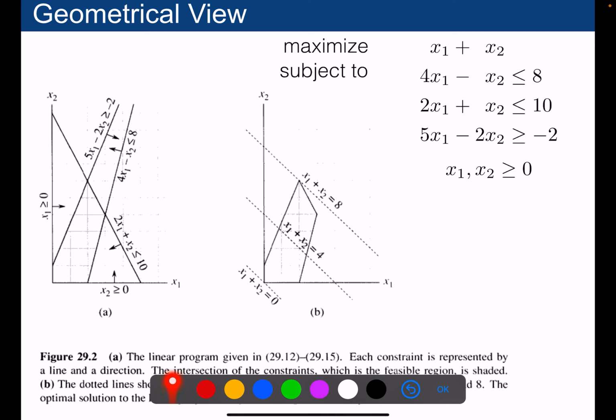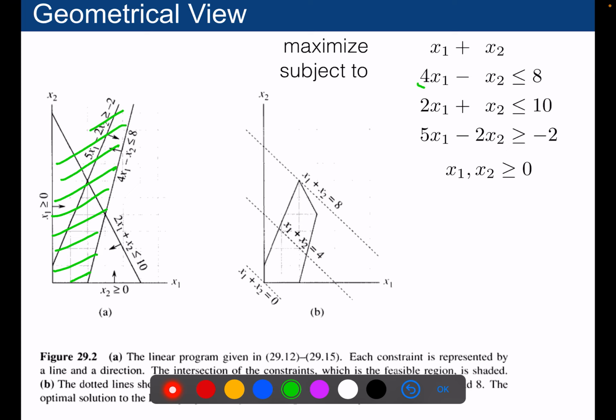We will start with the intuition first. When you have two variables like this one, it's quite easy to represent the problem and the feasible space in a graphic, in 2 dimensions, because we can represent 1 dimension for each of the variables. And every linear constraint such as this one represents a half plane. For instance, here 4x1 minus x2 less than 8 will represent the region which is here.